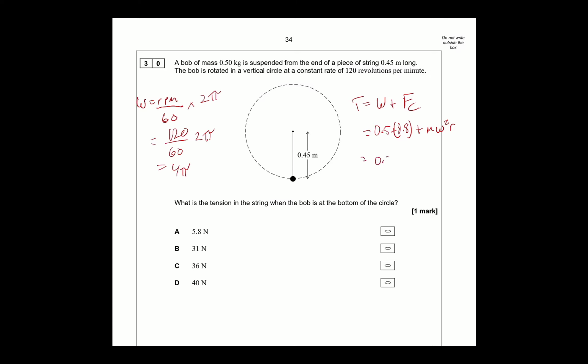So 0.5 times 9.8 plus 0.5 times 4 pi squared times 0.45.